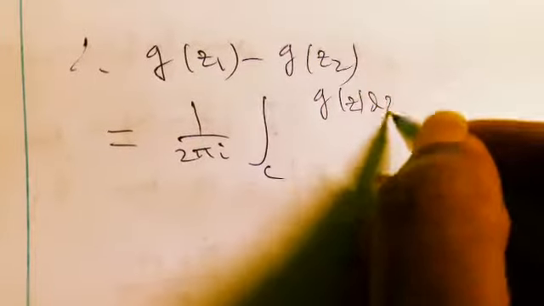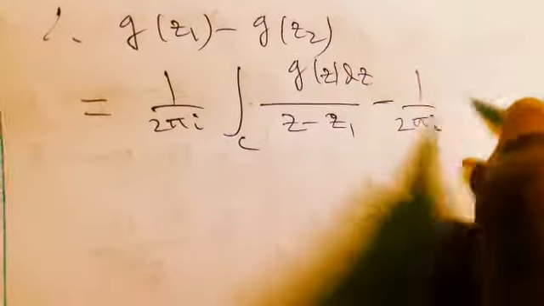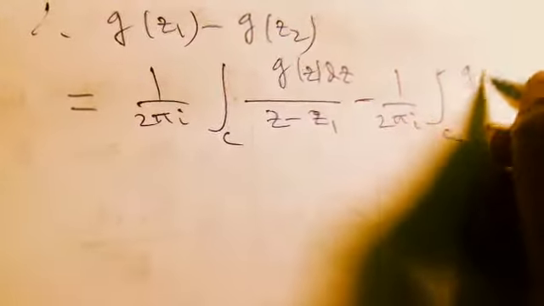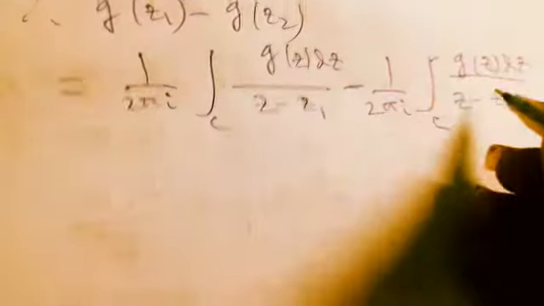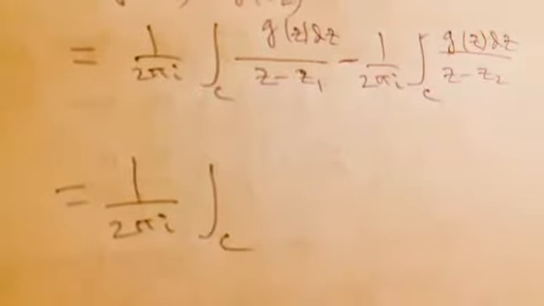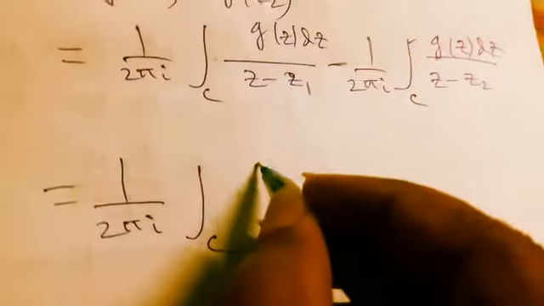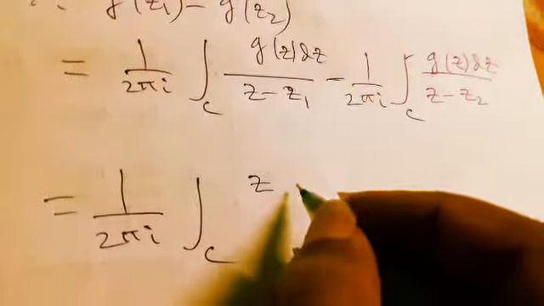and therefore g of z1 minus g of z2 is 1 by 2 pi i integral over C g(z) dz by z minus z1, minus 1 by 2 pi i integral over C g(z) dz by z minus z2, and therefore 1 by 2 pi i integral over C. After calculations, z will be cancelled here.